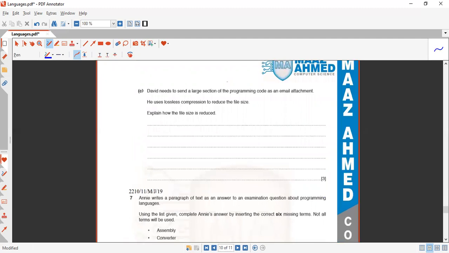David needs to send a large section of the programming code as an email attachment. He uses lossless compression to reduce the file size. Explain how the file size is reduced. It identifies identical data in lossless compression. It uses RLE. The original file can be reconstructed later too.